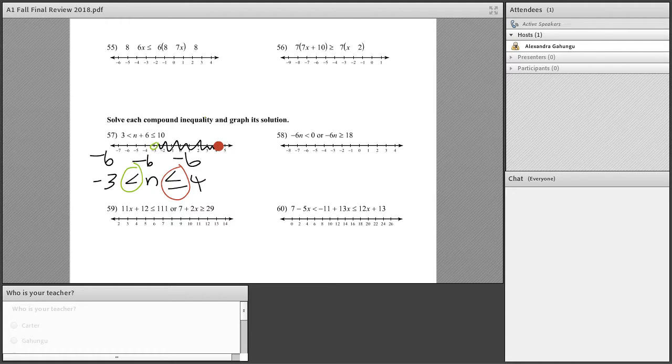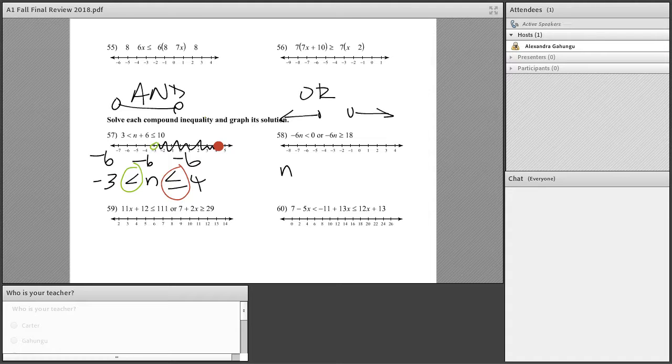Then with an or, so our and are going to be in between. And our or, in most cases, they're going to be going in opposite directions. So it could be open or closed, but opposite. So for or, for 58, we want to take each of these inequalities individually. And so we're going to divide by -6.